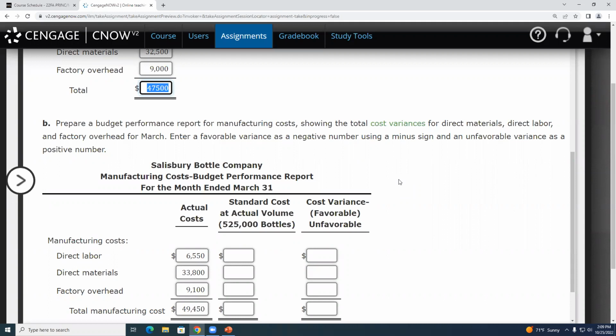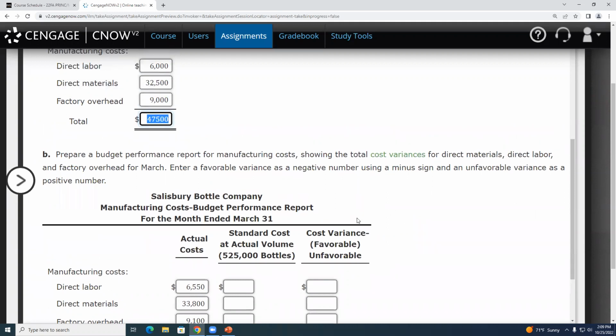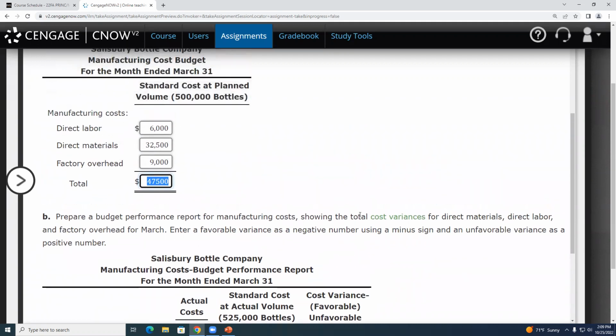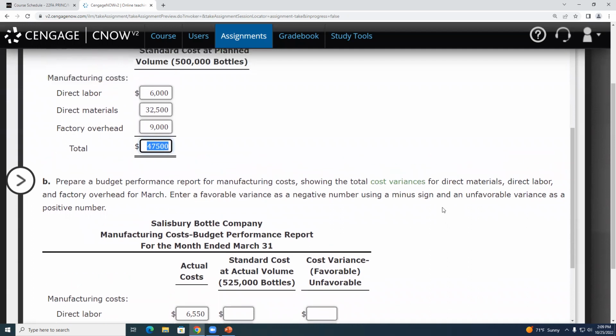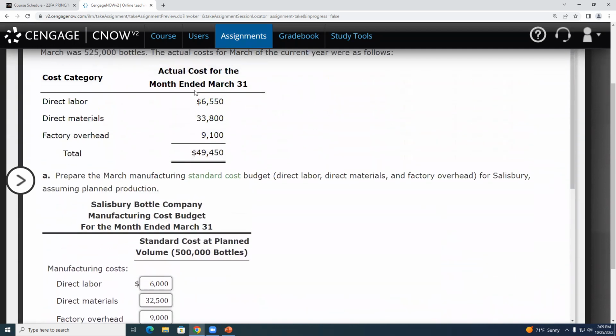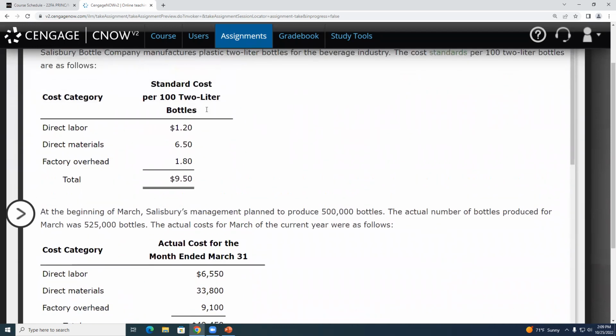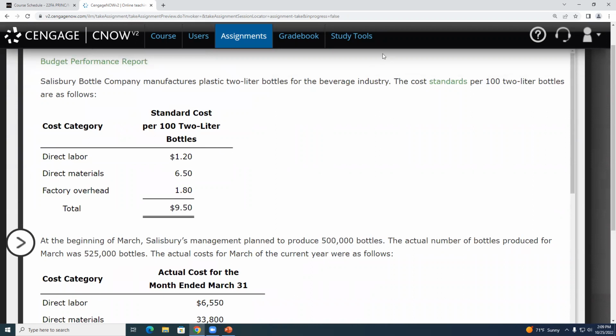We would expect then, had we known they were going to produce 525,000 bottles, we would have expected our costs to be 5% higher than that. So what are we going to do with this? Well, we need to take the 525,000 bottles we actually produced and recalculate our budget based on these standard costs.